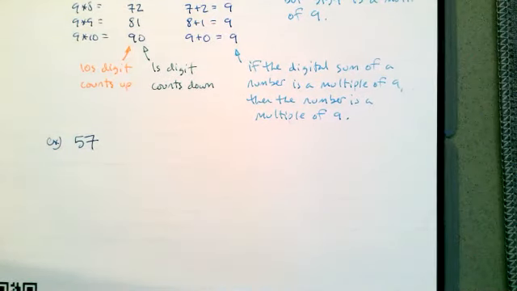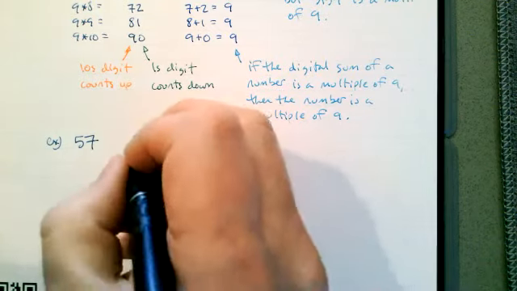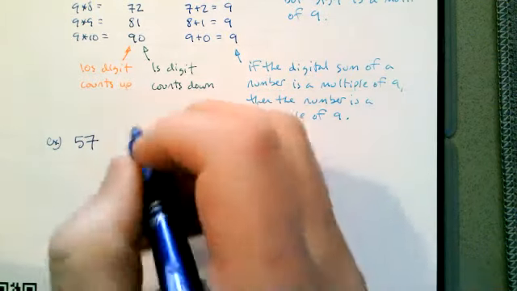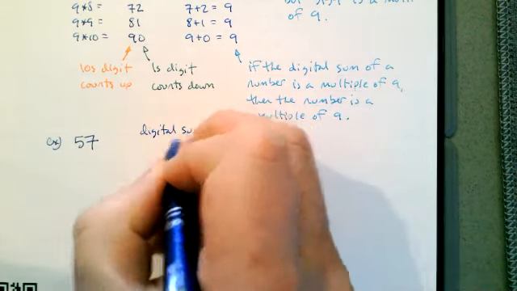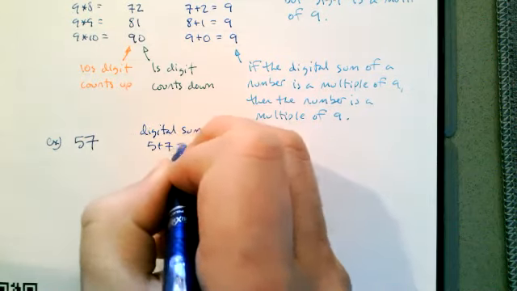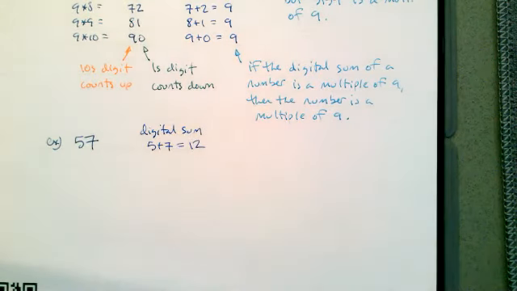I usually pick 57 because it's a saucy number, so I like this one. So let's find the digital sum. 5 plus 7 is equal to 12. 12 is not a multiple of 9, so 57 is not a multiple of 9.